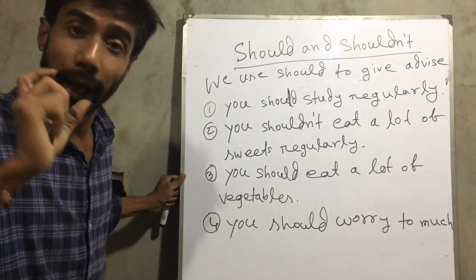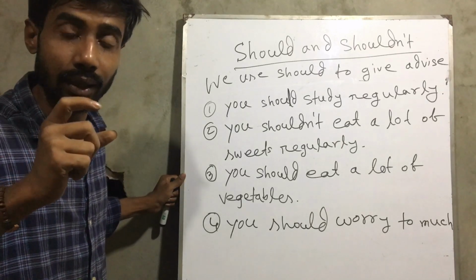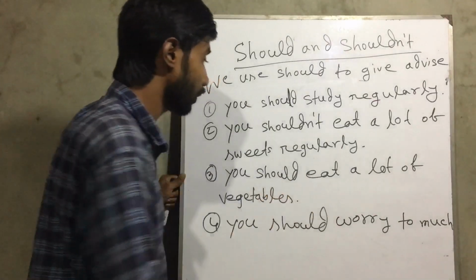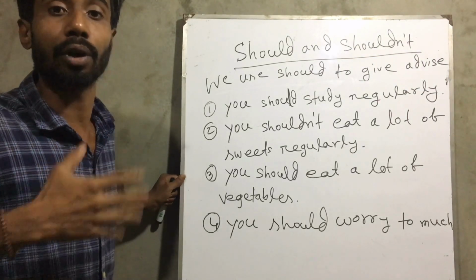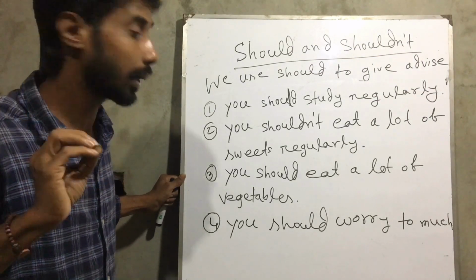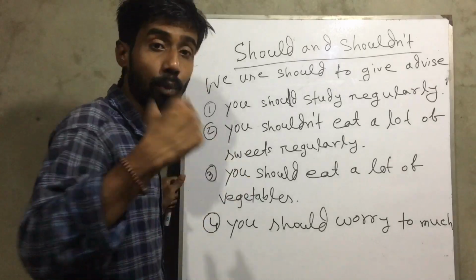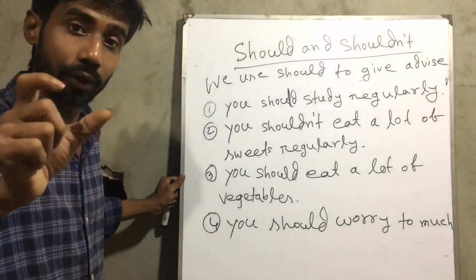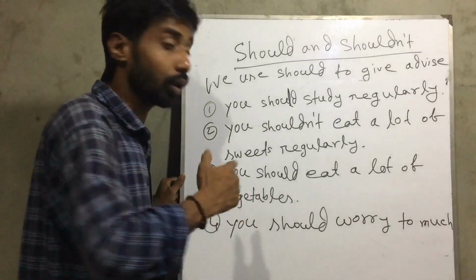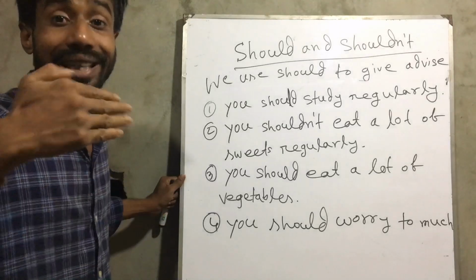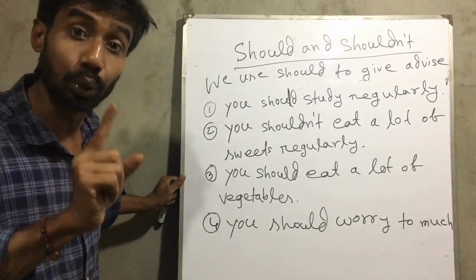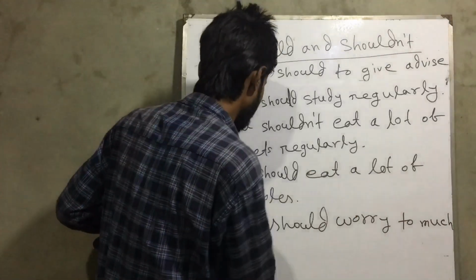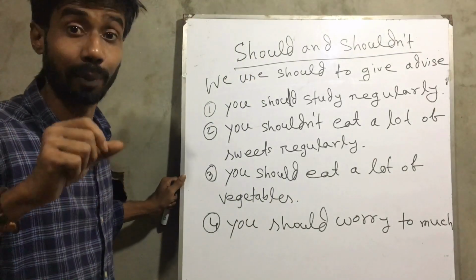It means you have to eat a lot of vegetables regularly, because this is important for our body. So for that reason, we can say you should eat a lot of vegetables.